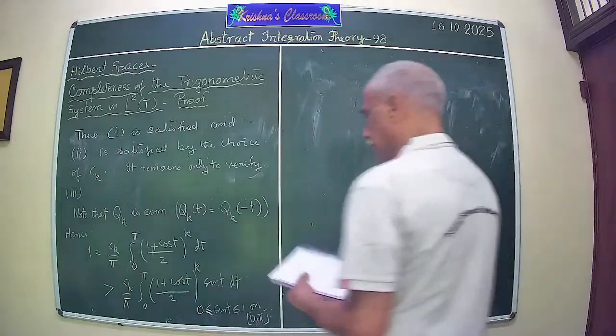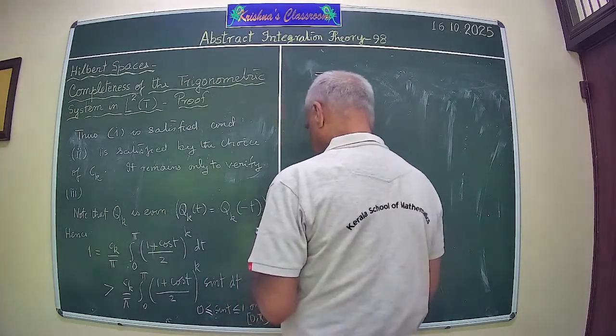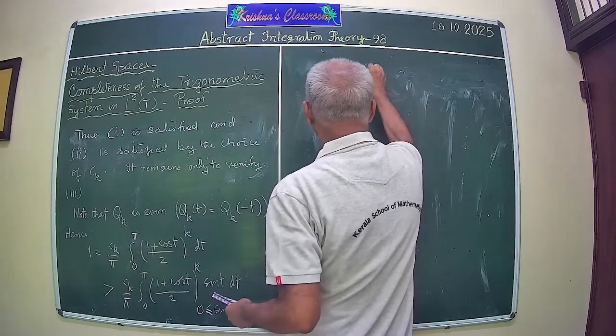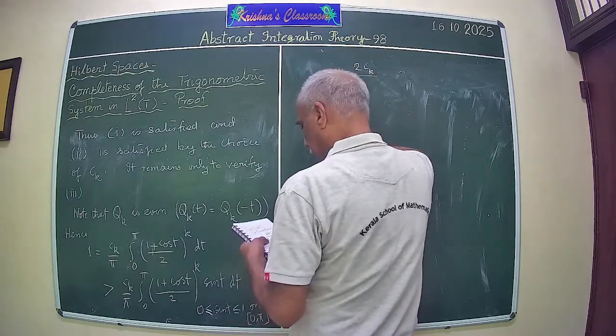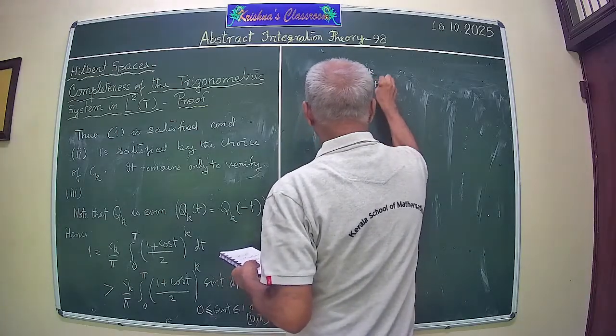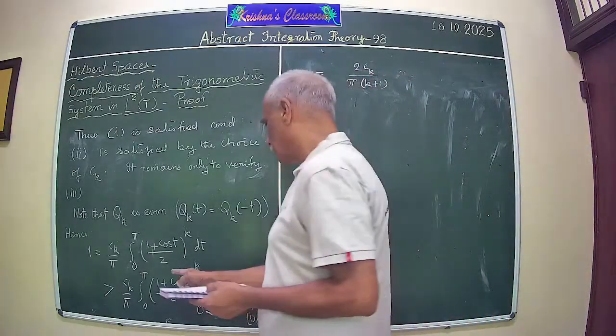And what about this integral? This is equal to 2ck divided by, this is easy to estimate. All that, this is very easy to estimate.